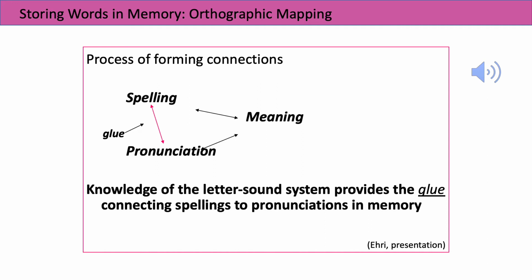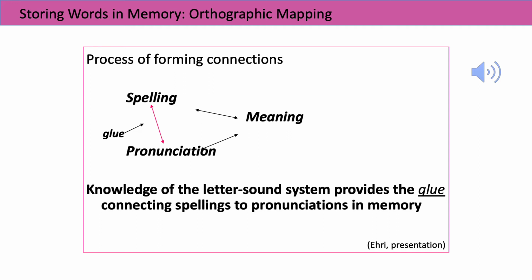So decoding helps to allow orthographic mapping to happen, but with sufficient practice, we don't need to decode anymore, because the sight of the word activates it automatically for us.